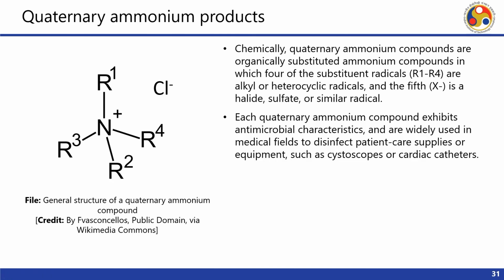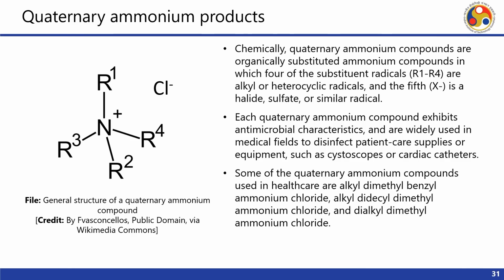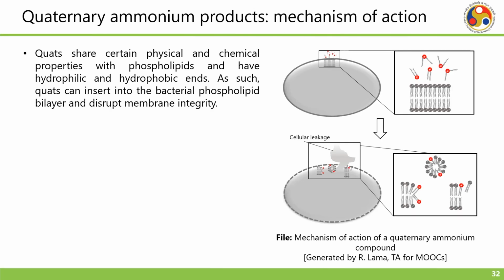Each quaternary ammonium compound exhibits antimicrobial characteristics and is widely used in medical fields to disinfect patient care supplies or equipment such as cystoscopes or cardiac catheters. Some of the quaternary ammonium compounds used in healthcare are alkyl dimethyl benzyl ammonium chloride, alkyl didecyl dimethyl ammonium chloride and dialkyl dimethyl ammonium chloride.